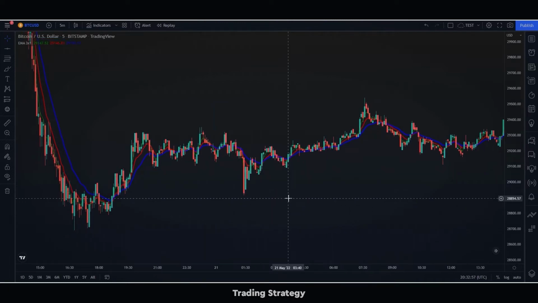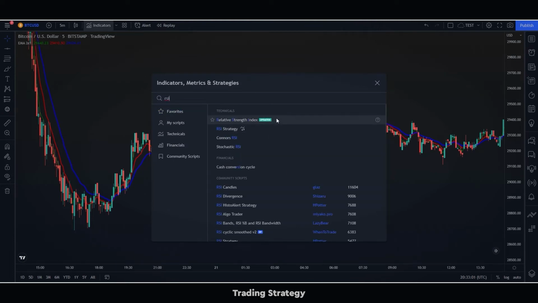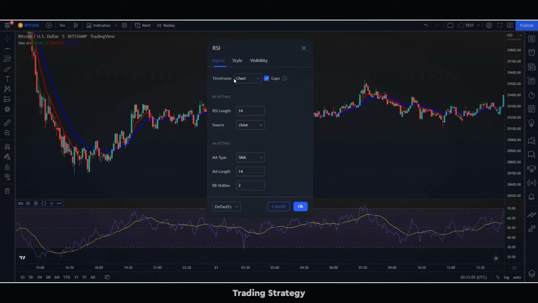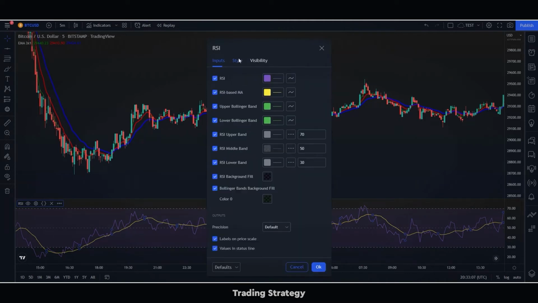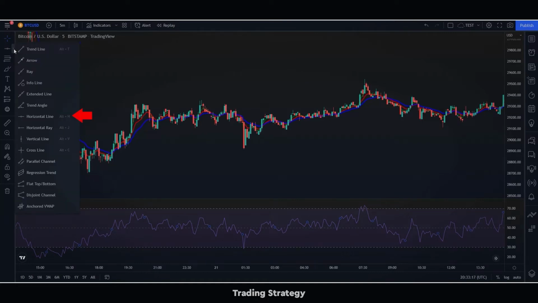Once the moving averages have been selected, we are going to look for the RSI indicator. This indicator, we will leave it with the parameters that come by default, and we will deactivate this moving average. With the help of the horizontal line tool, we will mark the values of 60 and 40 on the RSI.